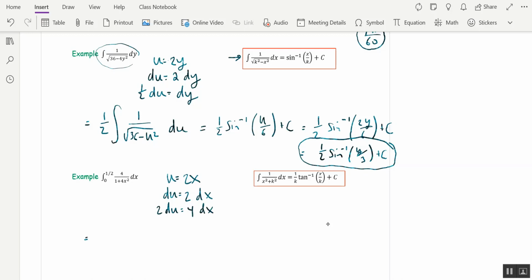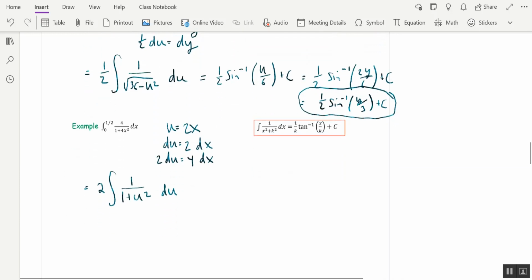So this integral is twice the integral of du, and what's left is 1 over 1 plus u squared. And let's change our limits. When x is 0, u is also 0. And when x is 1/2, 1/2 times 2 is 1. So that's my new integral with new limits.